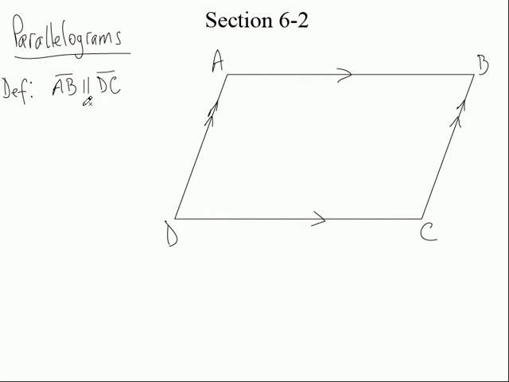Okay, what else is parallel? AD is parallel to what? BC. All right, that's by definition. It's not a theorem, it's not a postulate, it's definition. The definition of a parallelogram says that the opposite sides are parallel. It doesn't say anything about it being equal, does it? The only thing it says is that the opposite sides are parallel. That's by definition. But we do have a theorem.